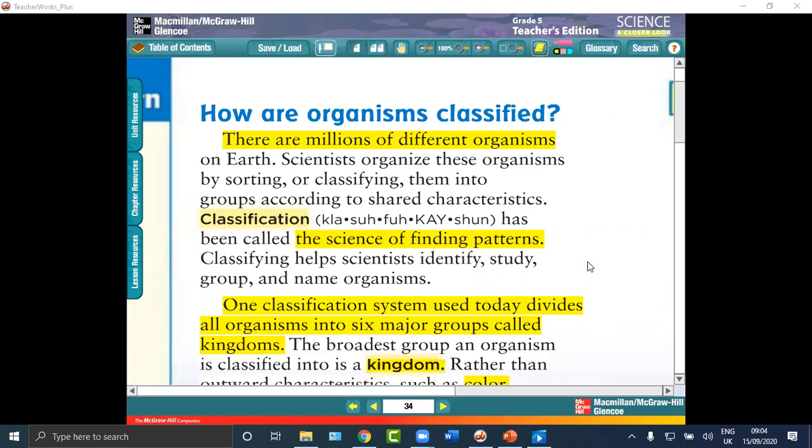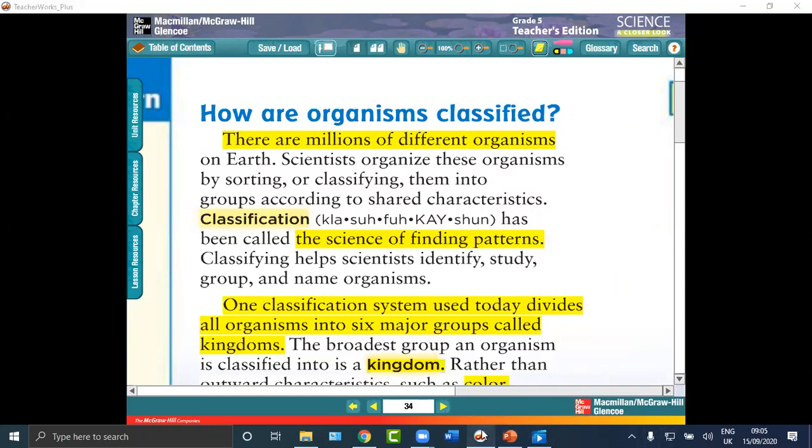There are many different organisms, and scientists organize these organisms by sorting, classifying into groups according, for example, to shared characteristics. And because it has some advantages, it helps the scientists identify, study, group, and name organisms.